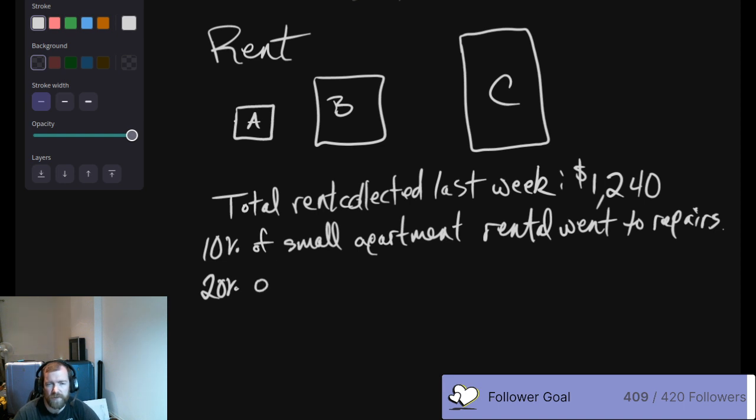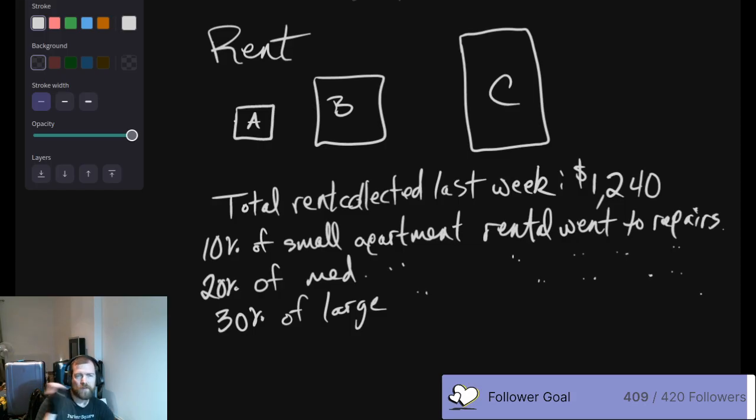So 20% of medium apartment rental went to repairs, and 30% of large apartment rental went to repairs. So all these end up being the same. It's just percentage-wise, it's slightly different for each of these sets. Okay.